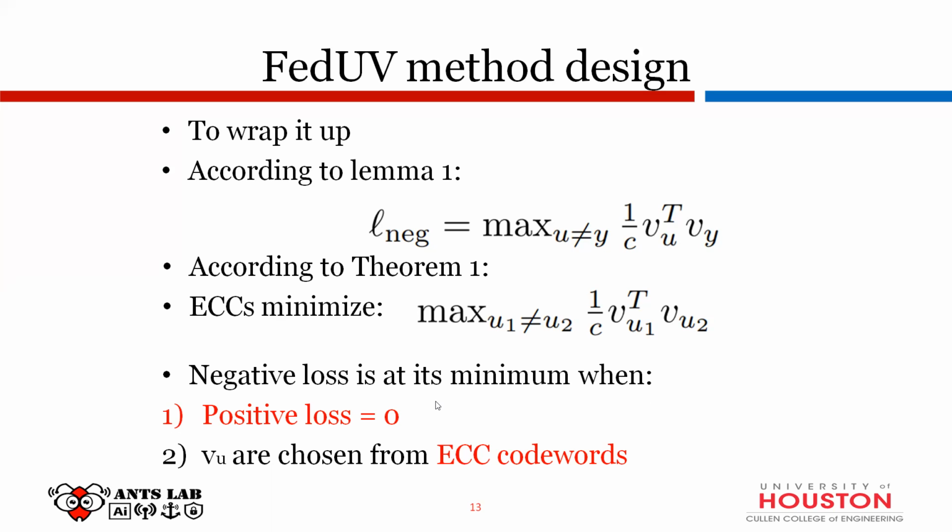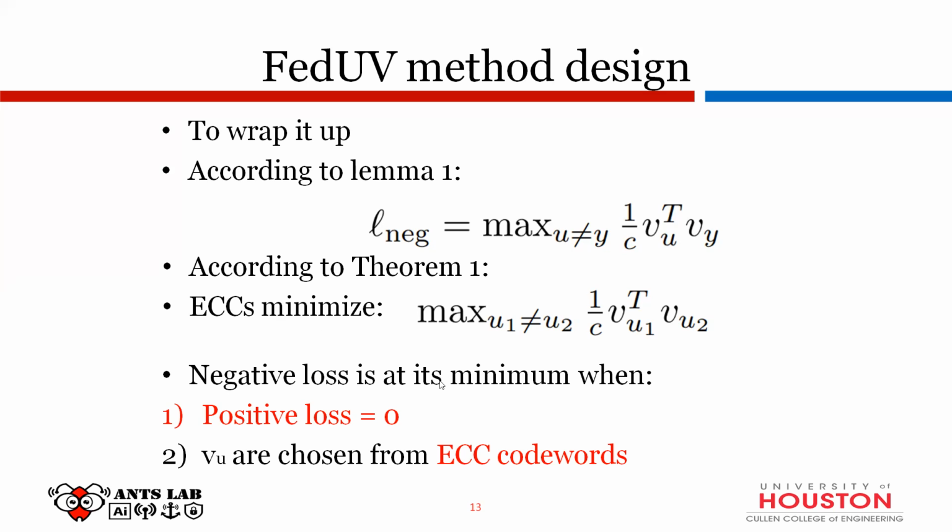So what does this accomplish? Why do I need to talk about all those theorems and lemmas? Because, as you can see, in order to get this conclusion, that negative loss is at minimum, we don't even need to calculate it. Of course, if you don't care about privacy issues, you can still do the old route of calculating negative loss.